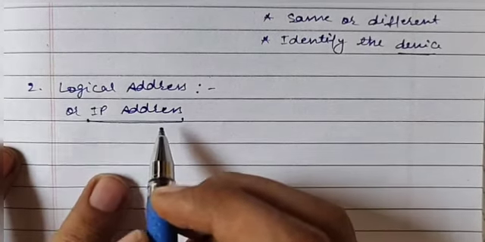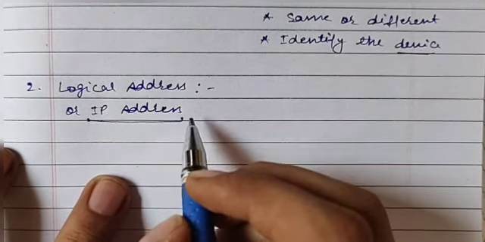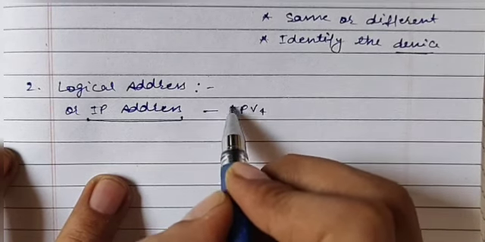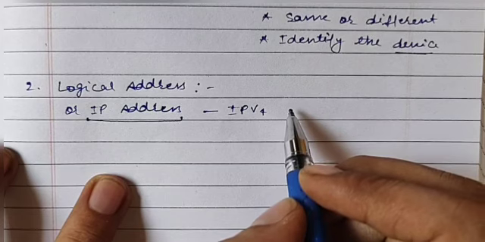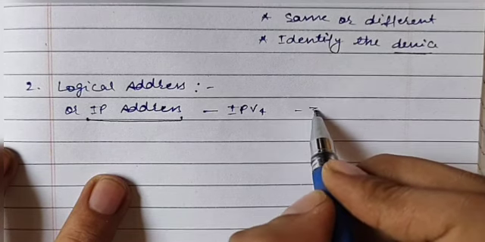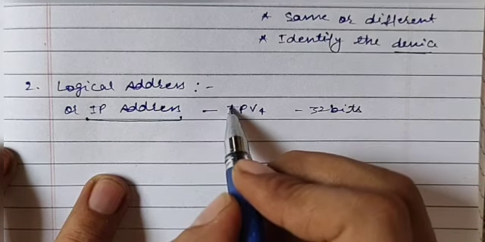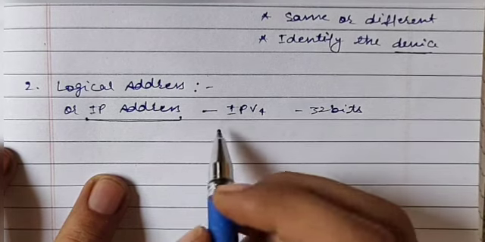And two kinds of IP addresses we use. First, IPv4. V4 means version 4. The size of IPv4 is 32 bits. The address is of 32 bits.